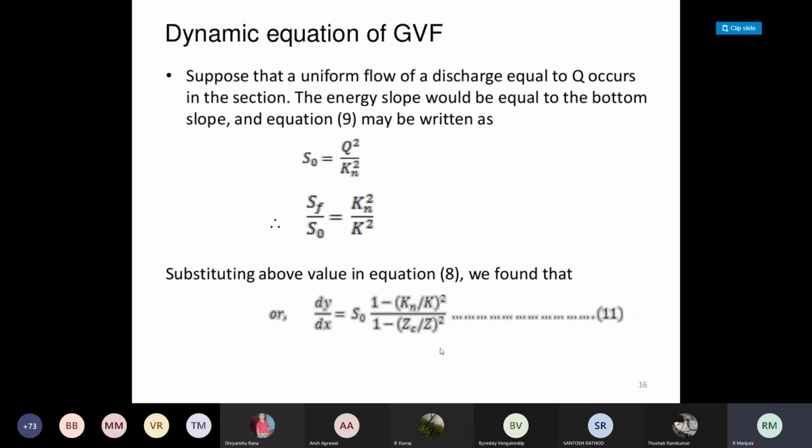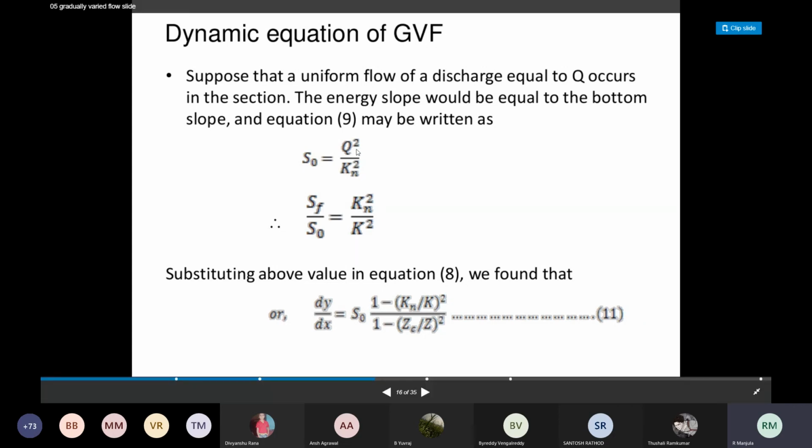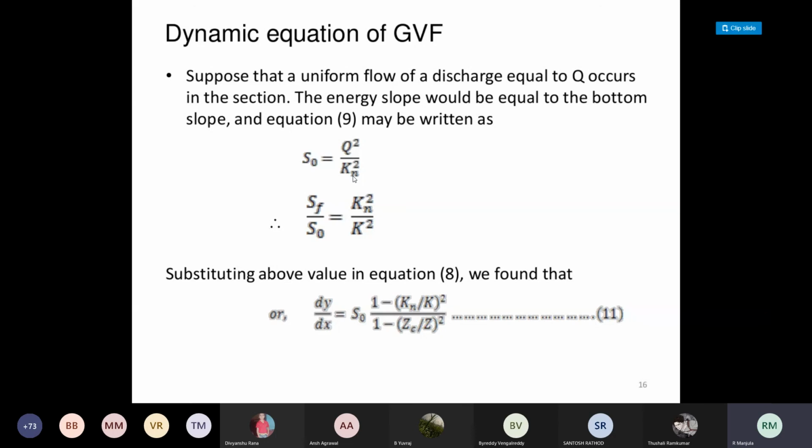Suppose it is a uniform flow of discharge equal to Q, then energy slope would be equal to the bottom slope. So S naught becomes Q square by Kn square. So that is nothing but the normal depth, it is the normal depth, not the critical depth. Then Sf by S naught is equal to Kn square by K square.